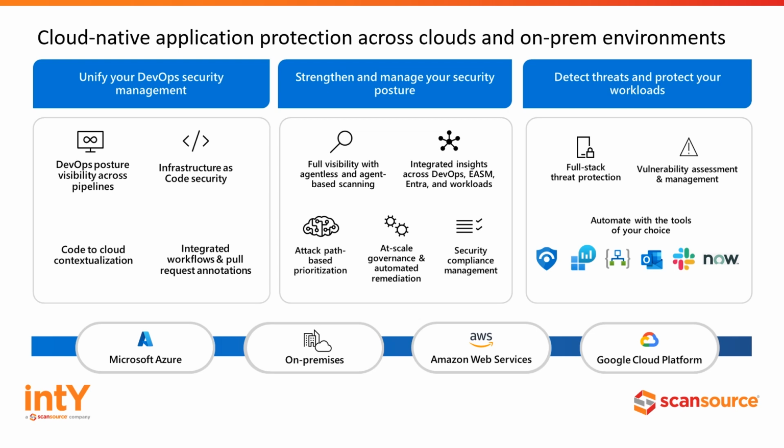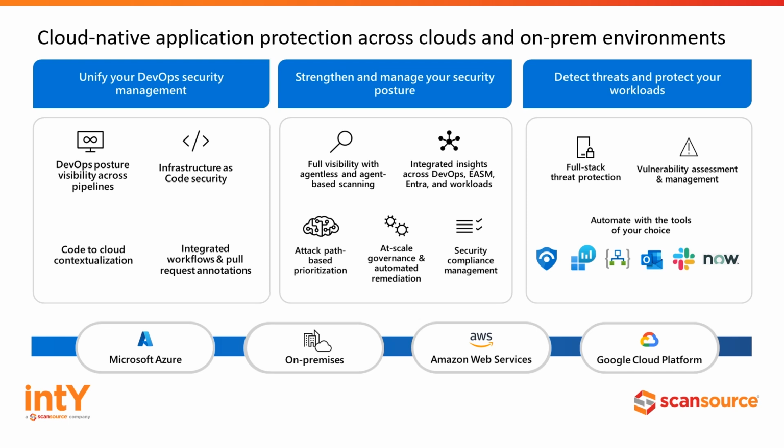When it comes to cloud native application protection, both on-premise and in the cloud, Defender for Cloud helps to strengthen and manage security posture by providing visibility to agentless and agent-based scanning, attack path-based prioritization, governance and automated remediation, security compliance management, and insights across multiple workloads.